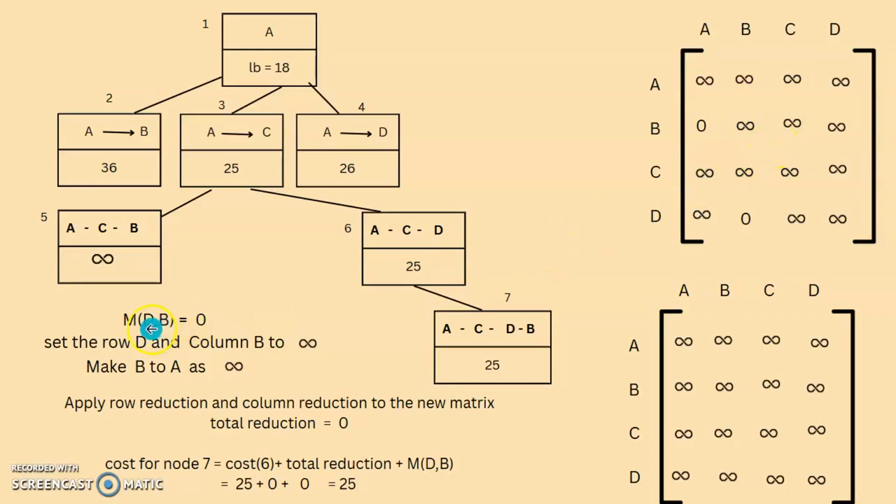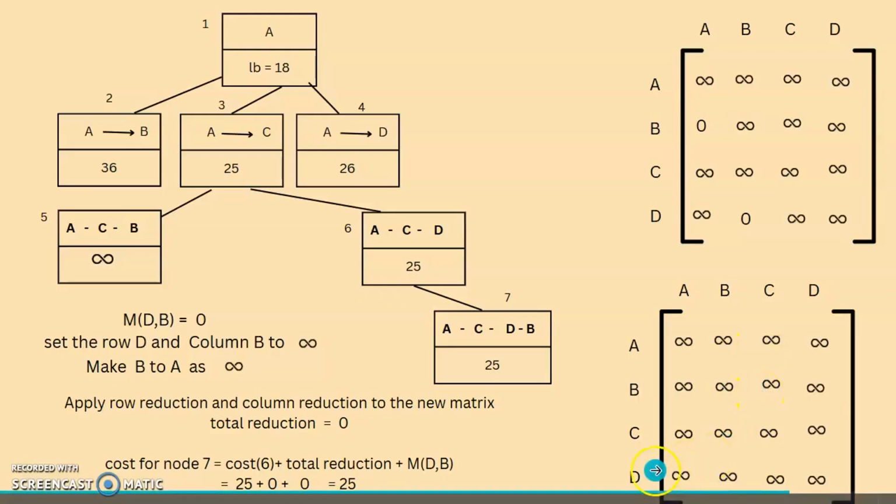And take the distance of D to B in this matrix. D to B is 0. And in this matrix, you make a row D and column B as infinity. So this is the matrix, you got it after making row D and column B as infinity.